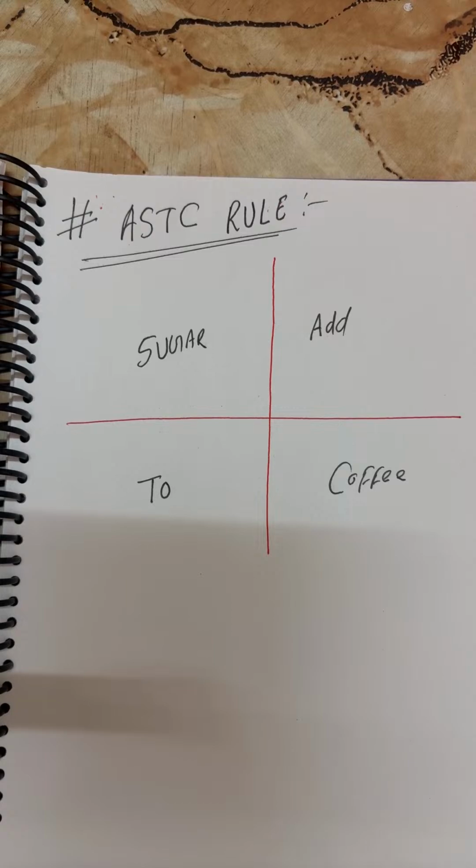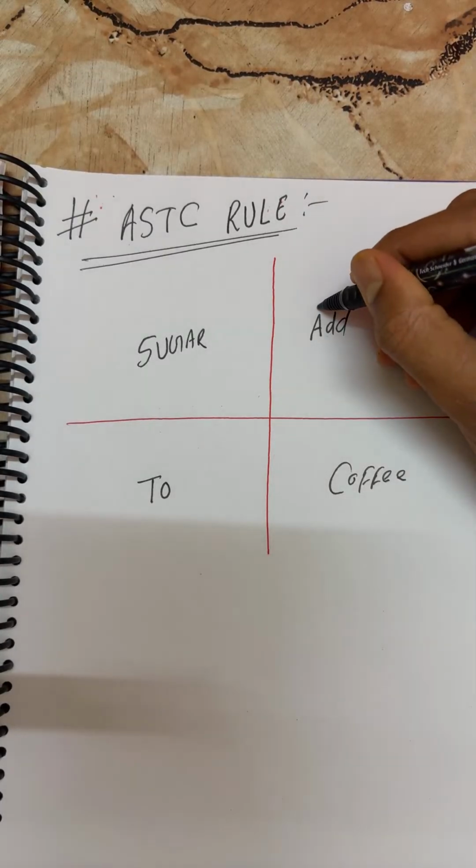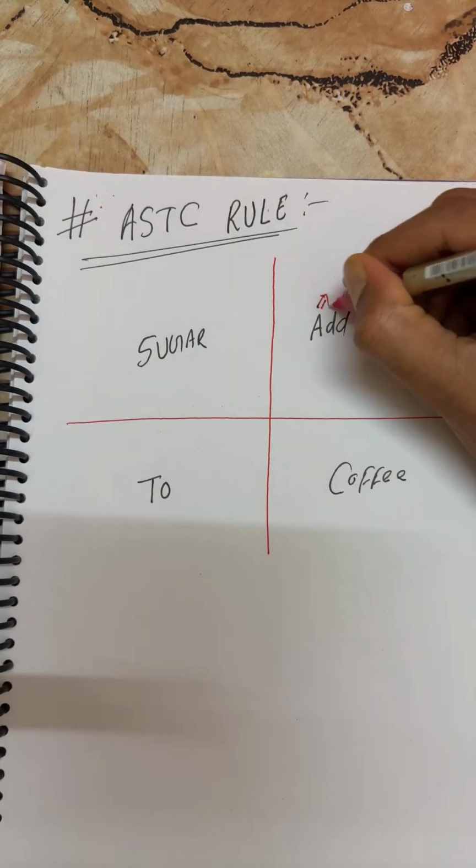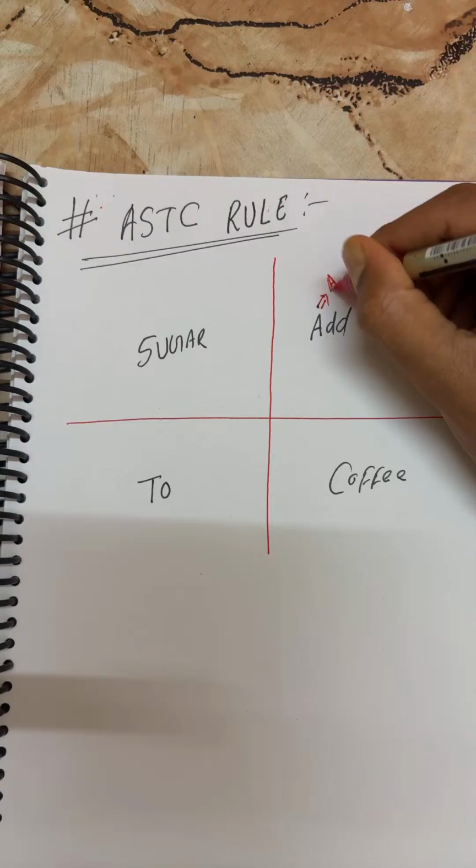How can we remember which trigonometric function lies in which quadrant? A implies all.